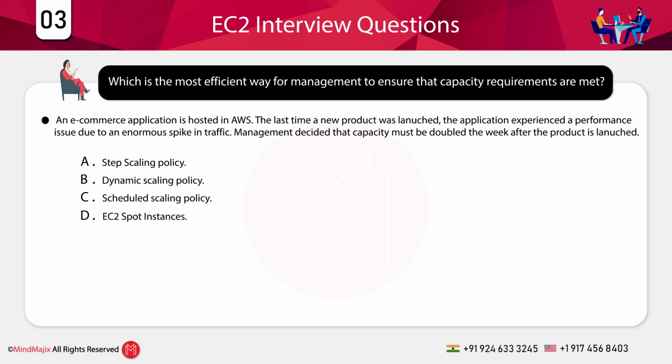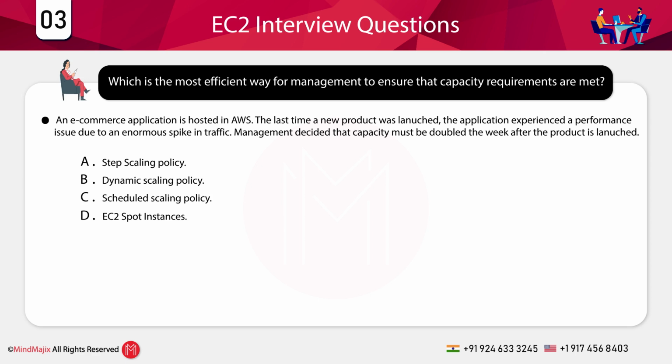So here they're talking about the efficient way. So we have to think about the scaling actions. D is obviously not an answer, so we have eliminated D. Out of A, B, C, step scaling means we'll scale 2, then 2 to 4 instances, 4 to 8 instances, 8 to 16, in this way, step by step. Scheduled scaling, what is scheduled scaling?